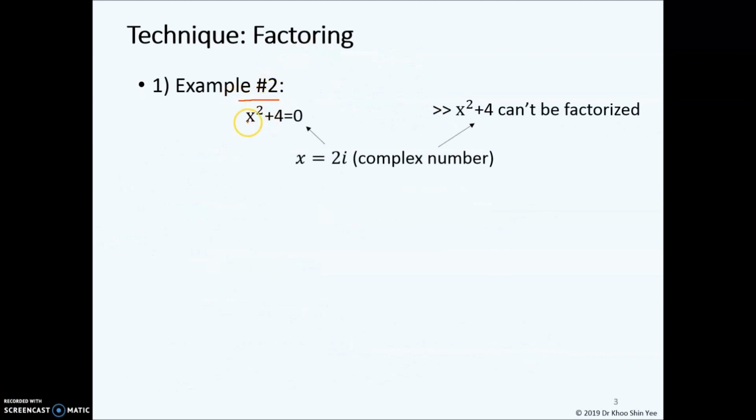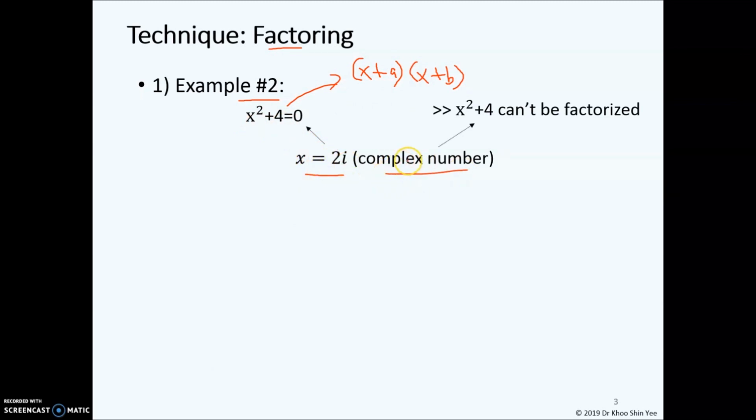In this example, x squared plus 4, you are checking whether you can use factorization to further reduce it into this format. So in this case, you can see that by checking the calculator, you get x equal to 2i.